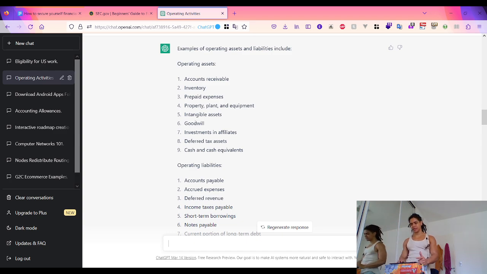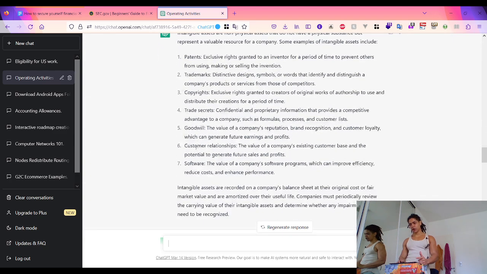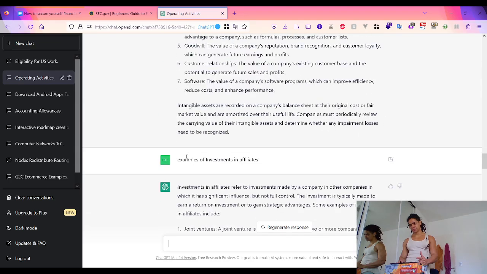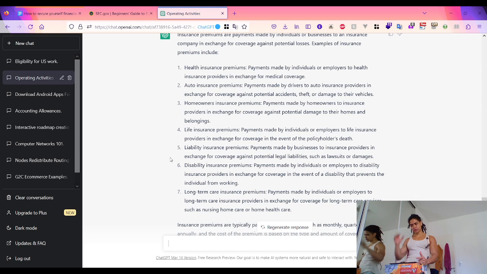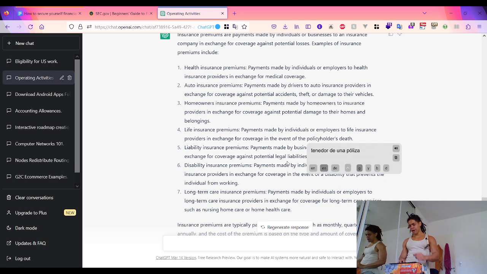What is that word in English, right? It covers in the event of the policyholder's death. Okay, policyholder. So anytime you hear about policyholders, policyholder, asegurado in Spanish.